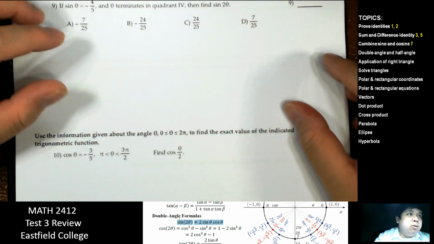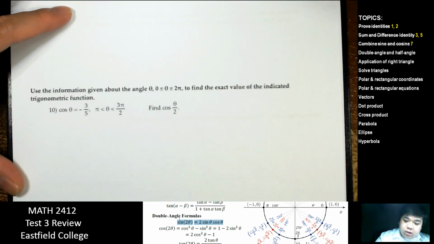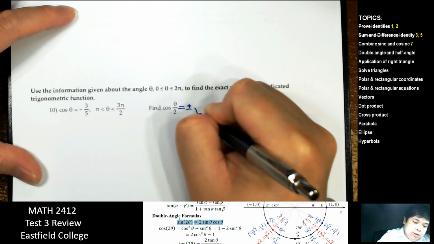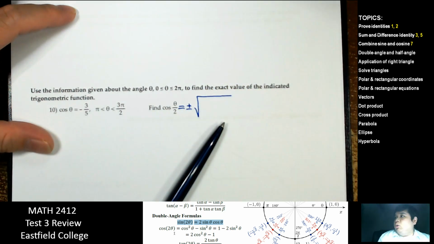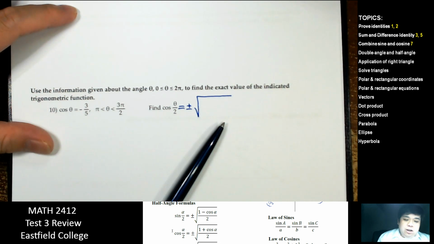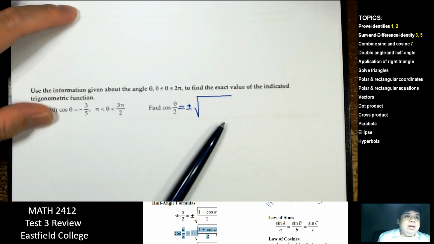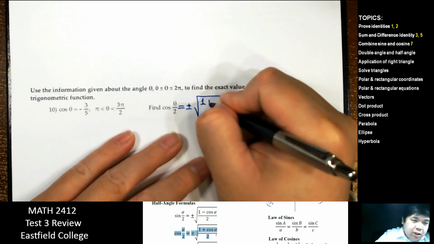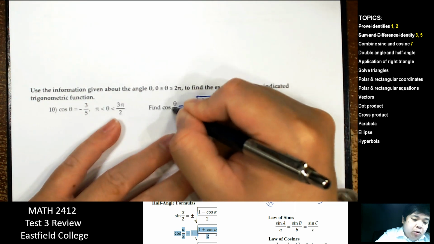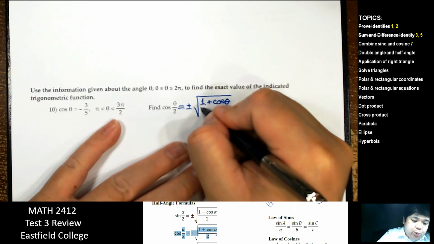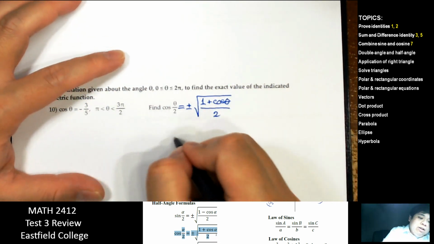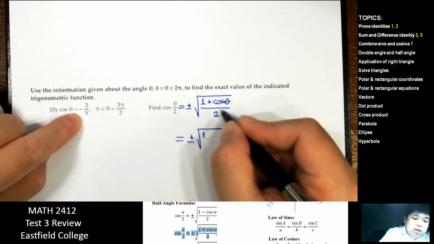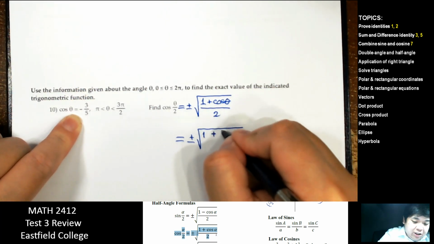Similar problem here. Now we use half angle formula. Let's go to the formula first. On that side, cosine of alpha over 2 is plus or minus the square root of 1 plus cosine of double this angle, so we just have cosine theta over 2. Now just put everything we know. Actually, that's the only thing we know, and that's all we need.